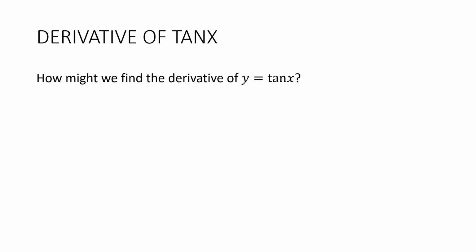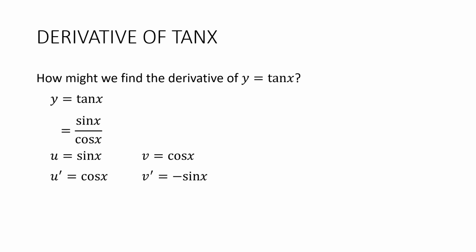And finally, tan x. How might we find the derivative of y equals tan x? What's the relationship between tan x, sine x, and cos x? Do you remember? Instead of writing tan x, we can write sine x over cos x. So to differentiate that, we're going to use the quotient rule. So u is going to equal sine x, and v is going to equal cos x.